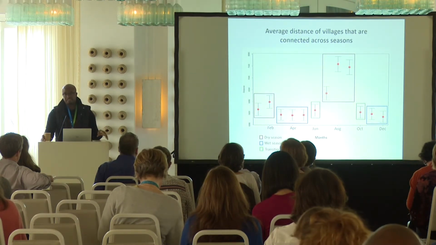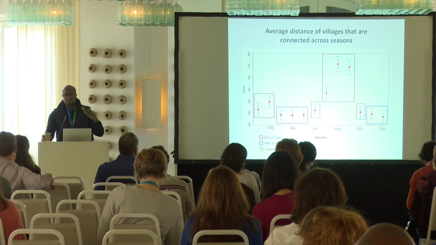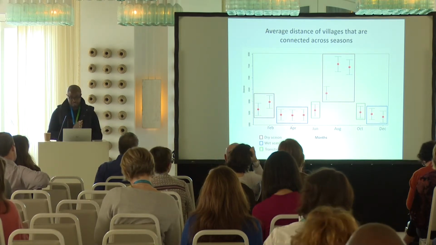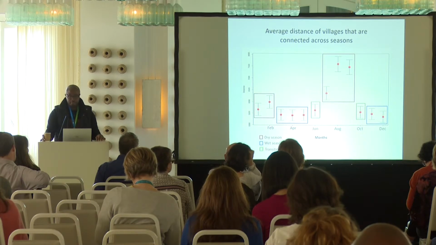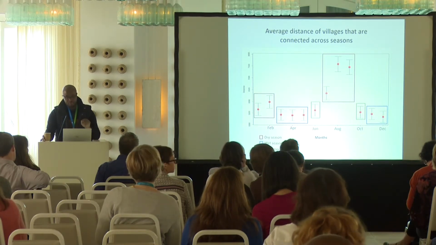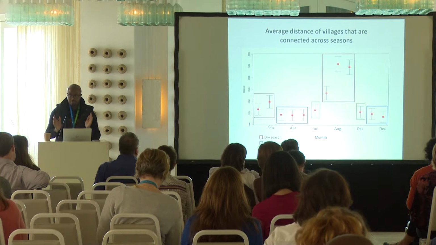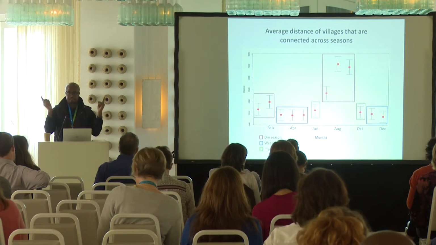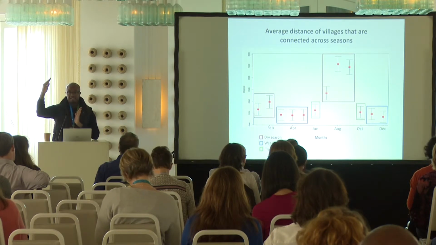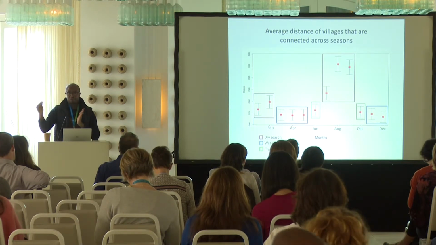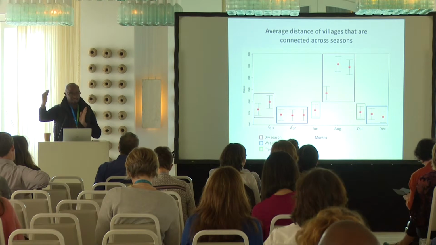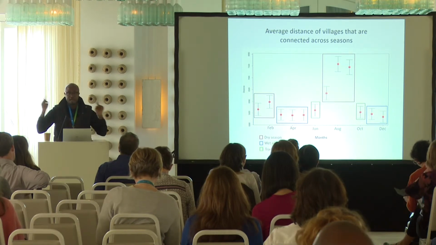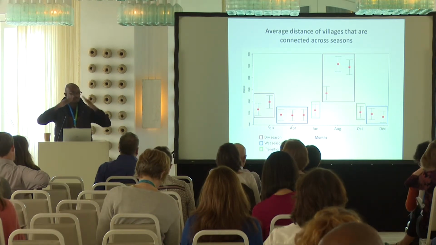However, we now look at average distance across these particular communities and also how they differ from January to December. So what we notice is in the wet season, for example, within a 5 kilometer radius, all villages are likely to connect with each other. But in the dry season, as the pasture level becomes low and water level becomes low, they are traveling longer distances, interacting with more people, and the distance of connected villages widens.